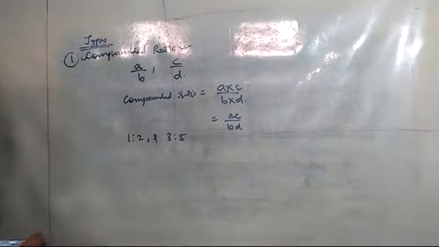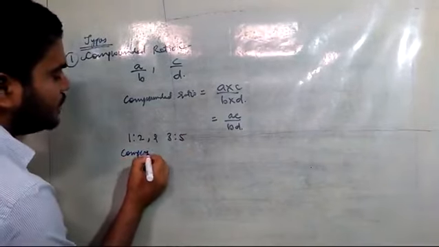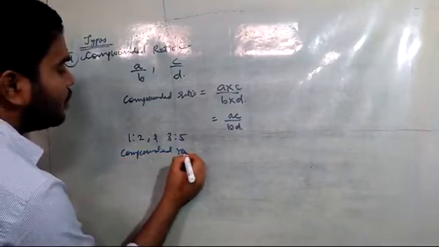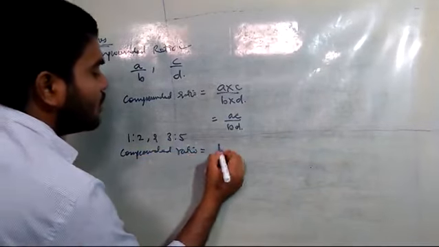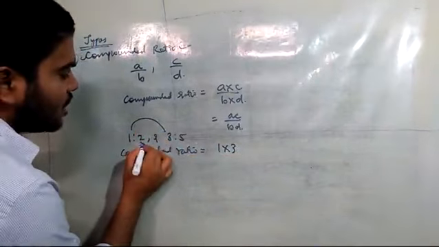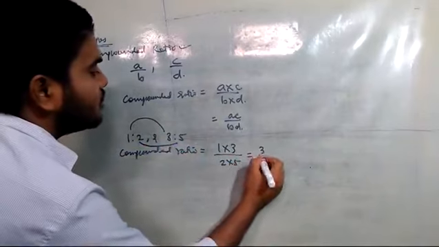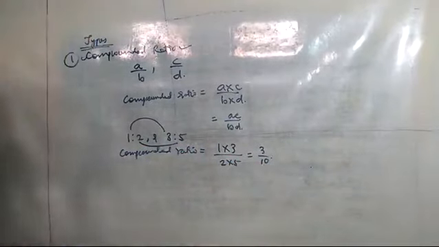They may ask, what is the compounded ratio of this? Compounded ratio is equal to 1 into 3, antecedent with antecedent, multiplied by consequent with consequent, that means 2 multiplied with 5. So 3 by 10 is the compounded ratio.